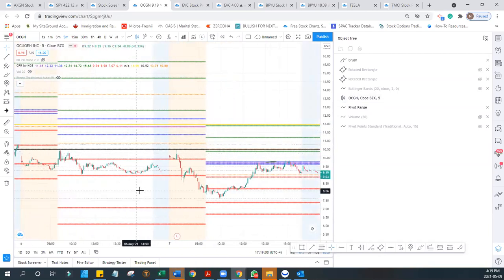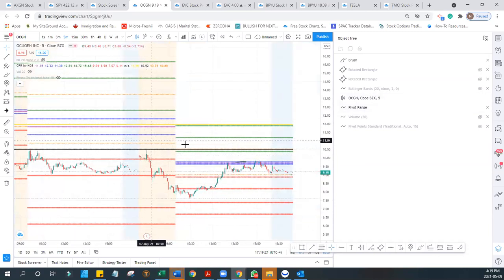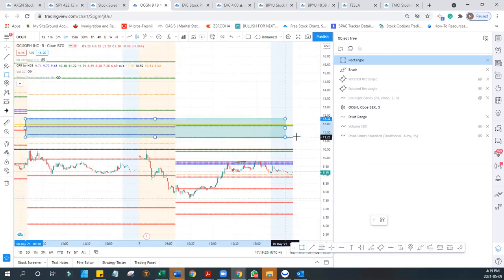Another thing you need to remember is the virgin CPR. The price has not come over here, so this will act as a good resistance even for the next couple of days until it has been touched. For example, for OCGN, it will be very hard to cross the 1138 to 1232 level.